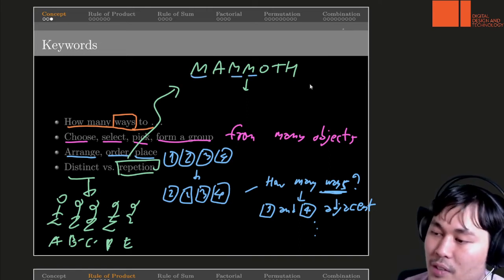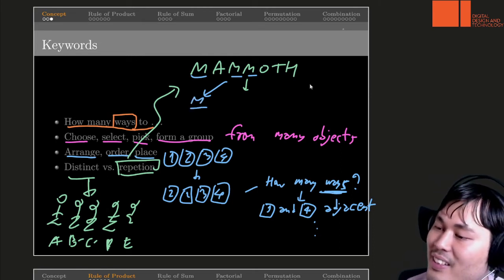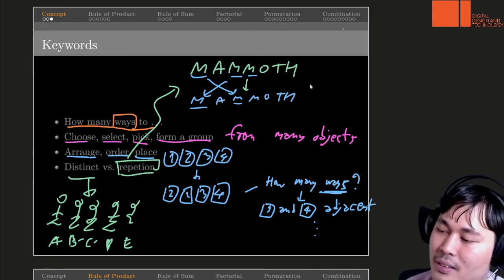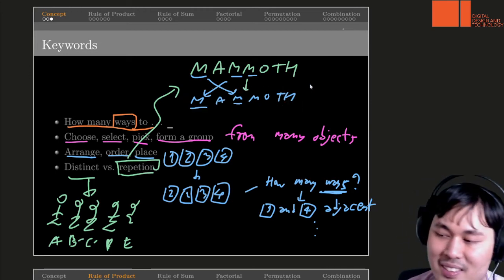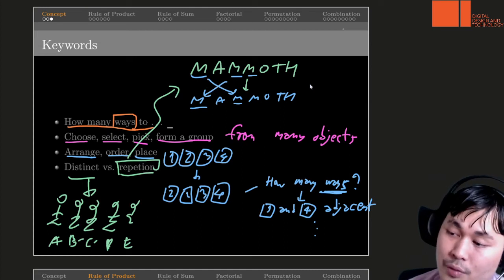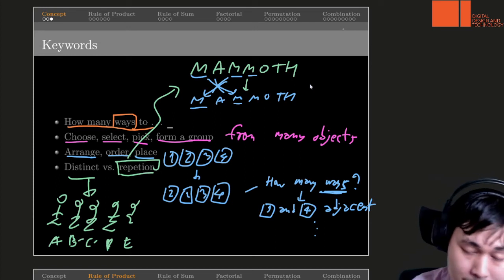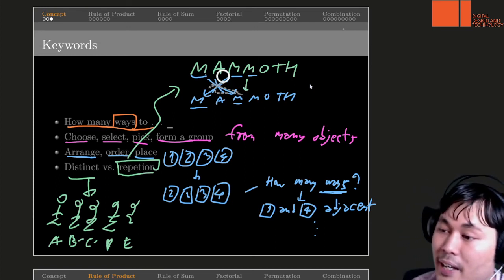So if I say, okay, let's move the second M to the first place, move the first M to the third place, and keep everything else in the same place, you can say, oh, that's the same word, isn't it? It's still mammoth. Even if you switch different M's, you would get the same word. So that means you haven't switched at all if you treat them as the same M's.